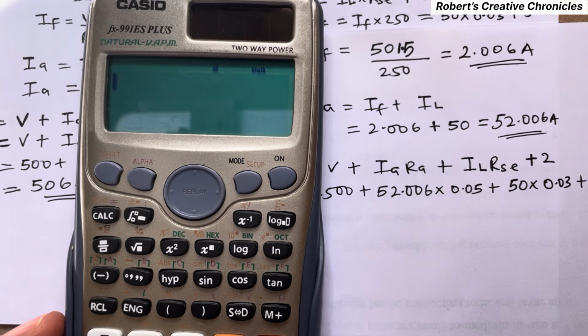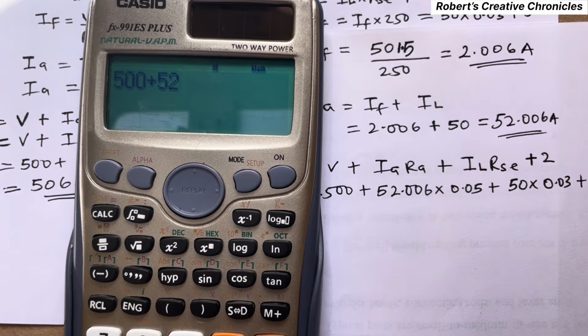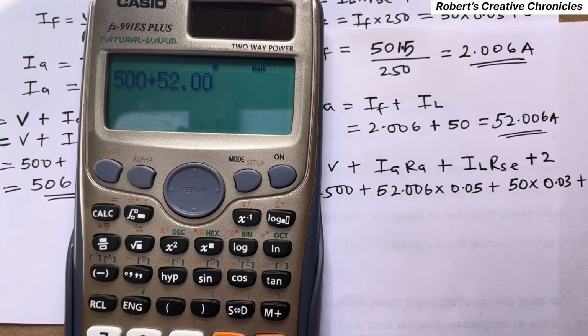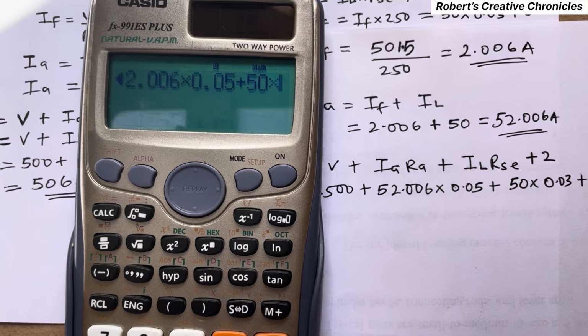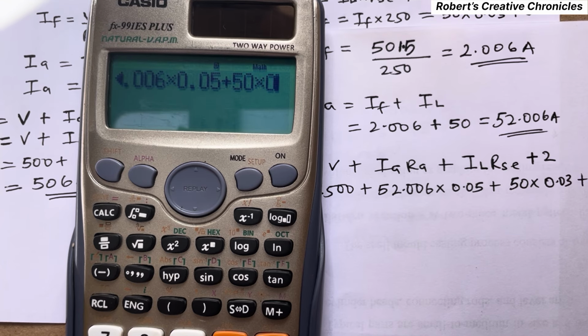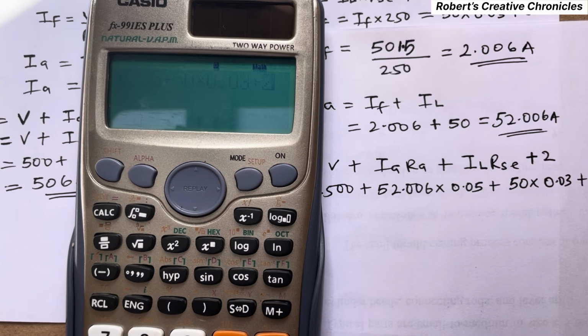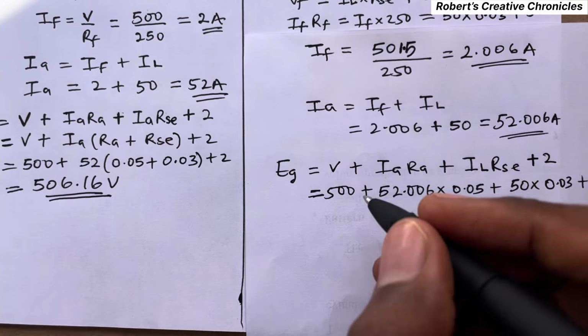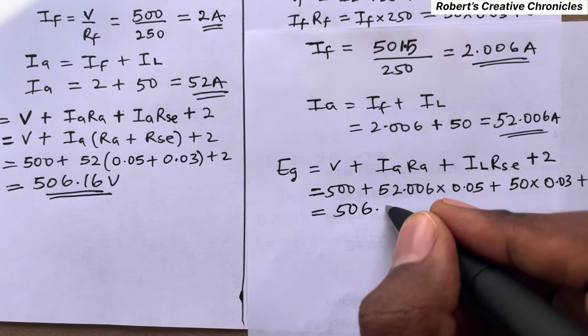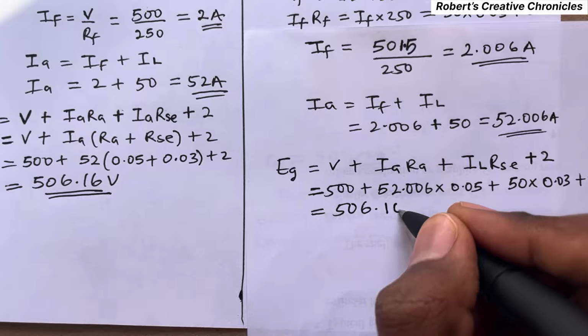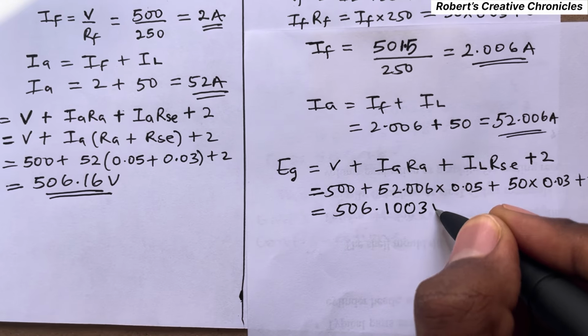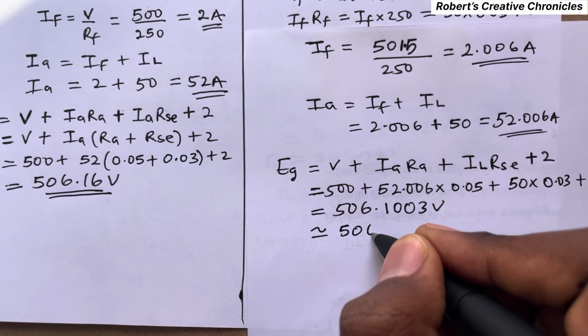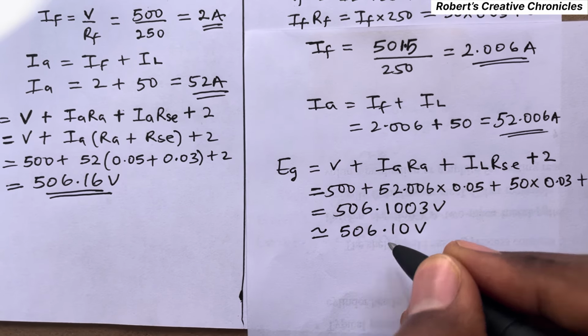So this becomes 500 plus 52.006 times 0.05 plus 50 times 0.03 plus 2. This is 506.1003 volts, which is approximately 506.10 volts.